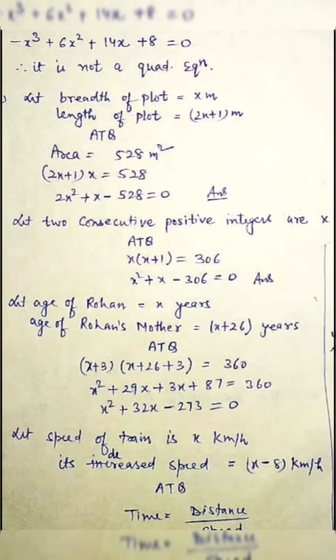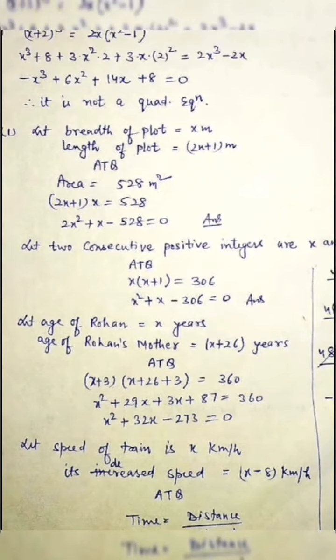In the third part it is given age of Rohan's mother is 26 years more than the age of Rohan, and after 3 years product of their ages is 360. So first of all let us assume that age of Rohan be x years and age of Rohan's mother will be x plus 26 according to the question, but he's talking about after 3 years.